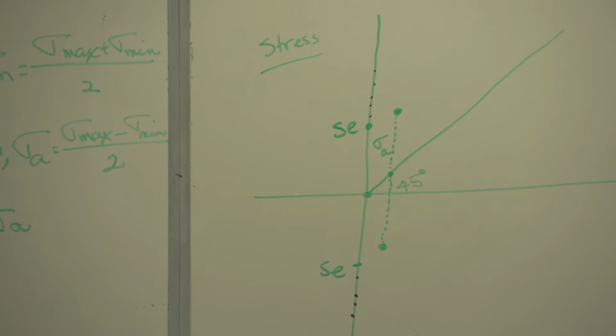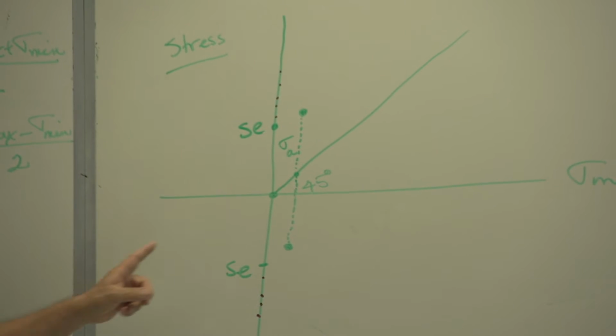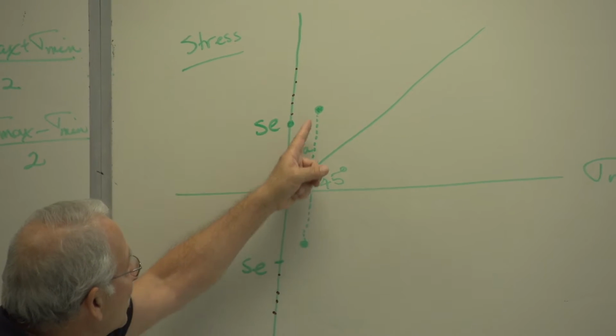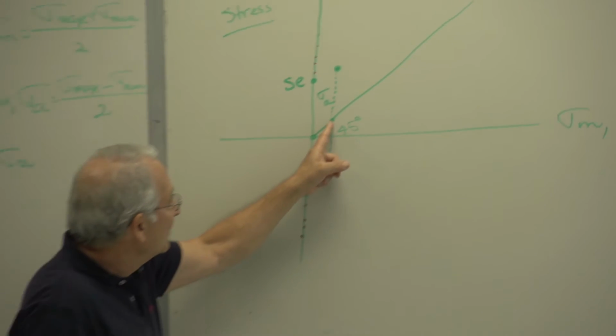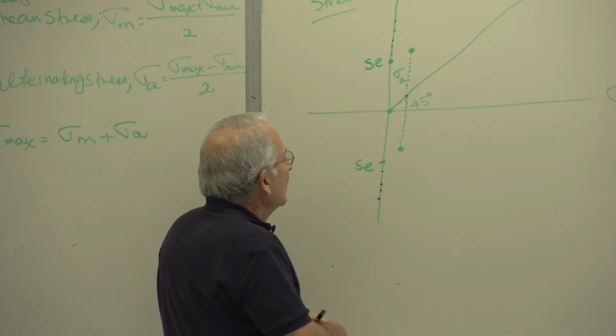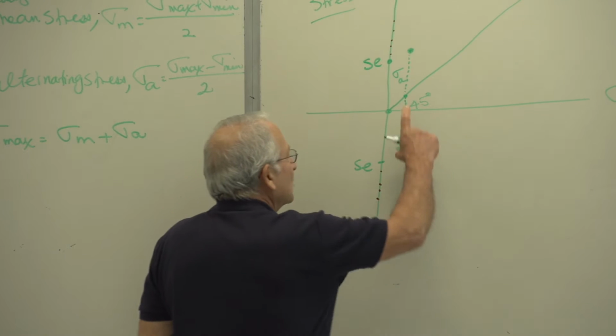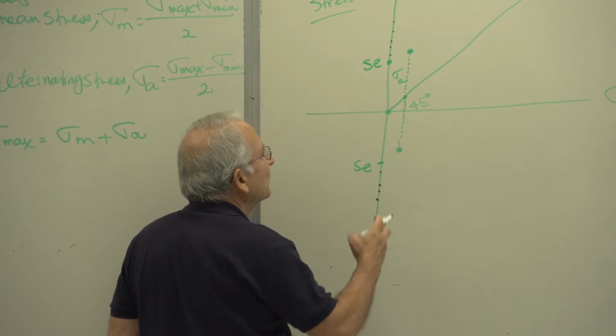The maximum stress, right? Sigma m plus sigma a. This value is sigma m. And of course, this is also minimum.